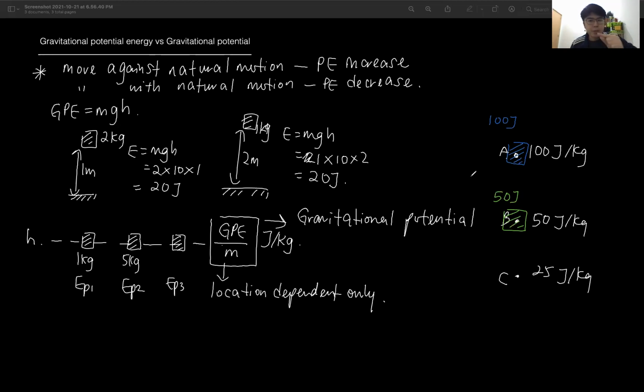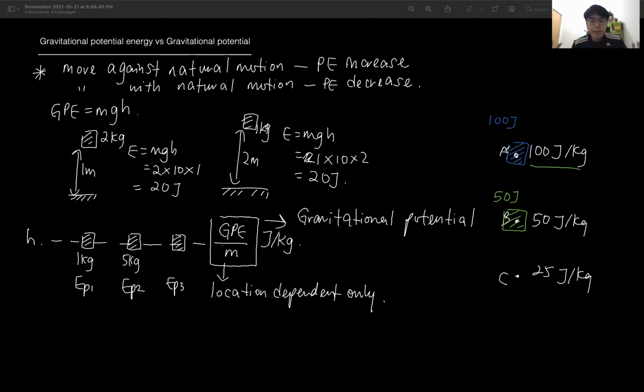What is the difference between gravitational potential and gravitational potential energy? Potential means that it lets you know ahead of time what you are going to expect to get. For example, with 100 joule per kg, you know that when you put the object there, it's going to gain 100 joule of energy per every kg it has. So it is information. If you do not place anything at that point, will the object gain potential energy?